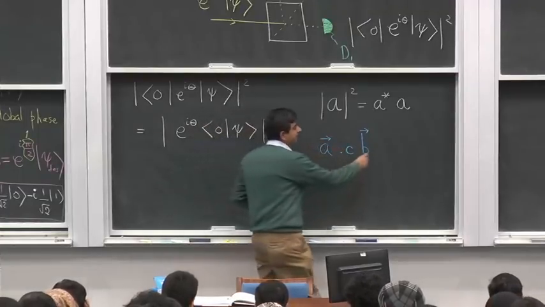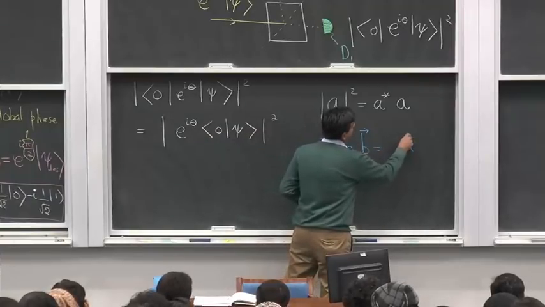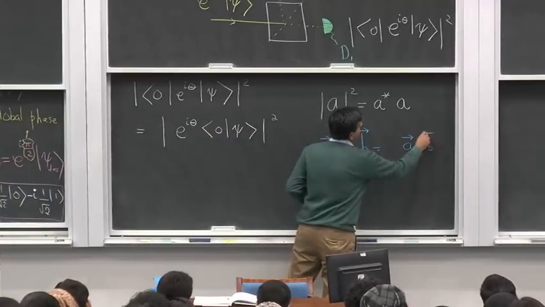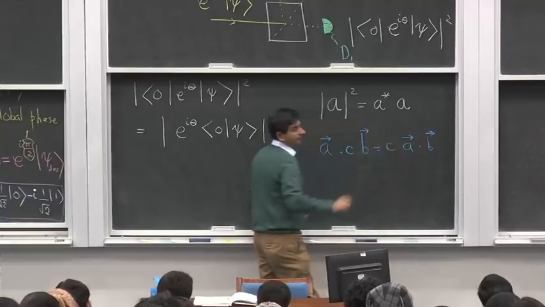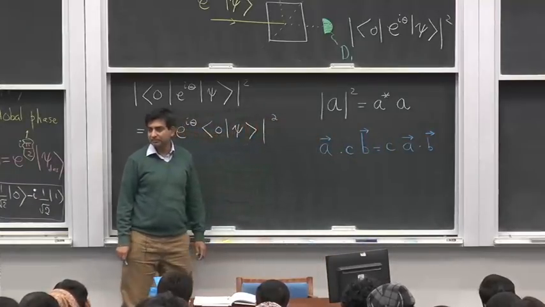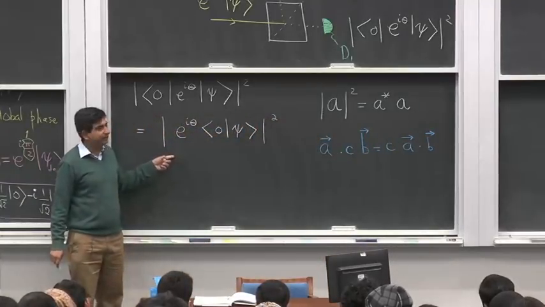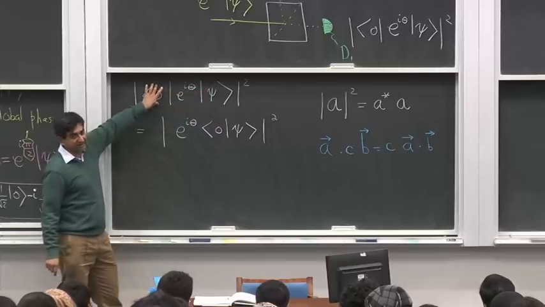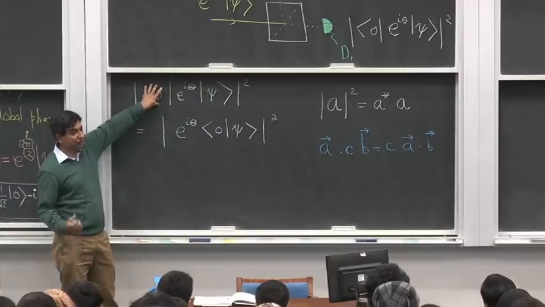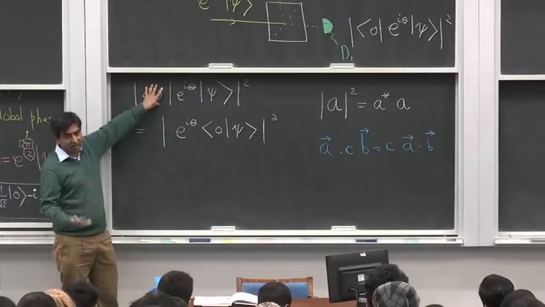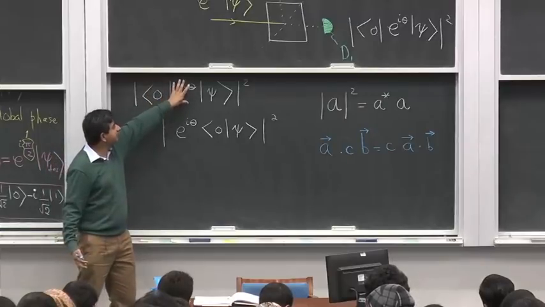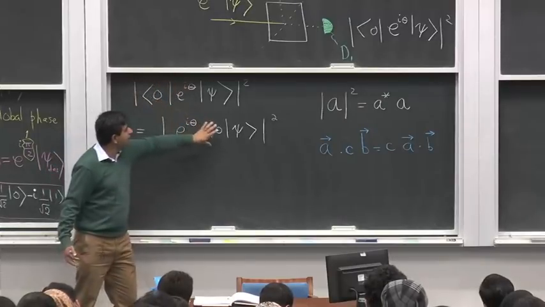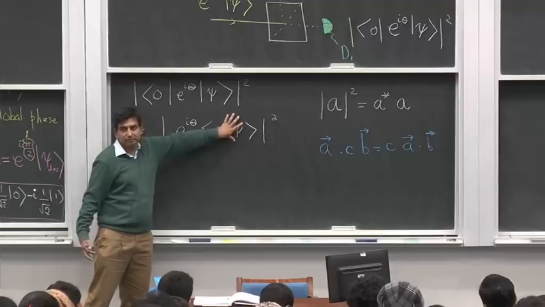I can just take the dot product of A and B and multiply this with the scalar. Correct? That's what I've done over here. This is a vector, although in the quantum space it's not a normal vector, it's a Bloch vector, or it's a quantum state. I'm just taking this number out of this dot product or overlap.